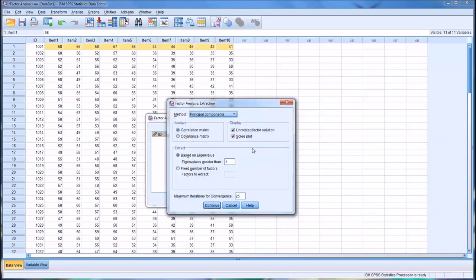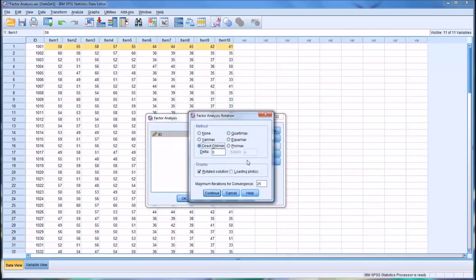For the extraction, by default, the unrotated factor solution comes up. You also want the scree plot. And I left this at the default based on the eigenvalue of greater than 1. So this is how it decides how many factors to extract. A factor is extracted if its eigenvalue exceeds 1.